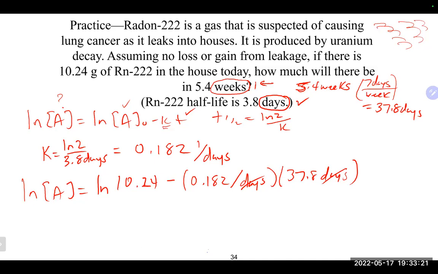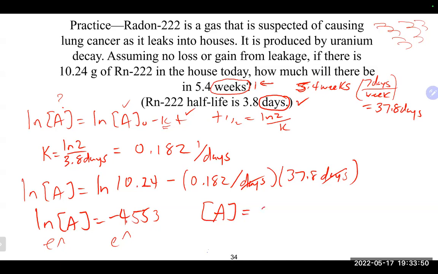Cleaning up the right-hand side one more time, natural log of 10.24 minus 0.182 times 37.8 gives us the natural log of A equals minus 4.553. We're going to e both sides one more time. That gives us really our final amount here of 0.0105 grams, I guess it would be in this particular case.